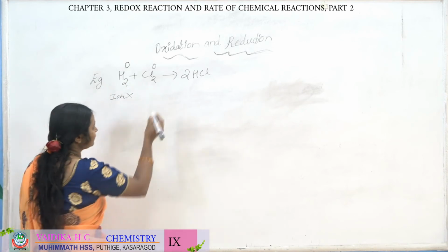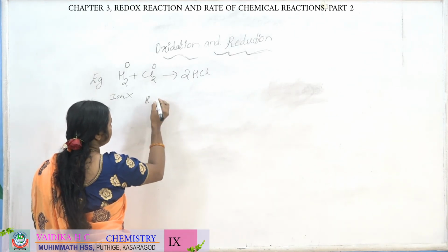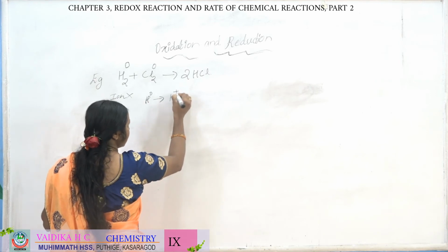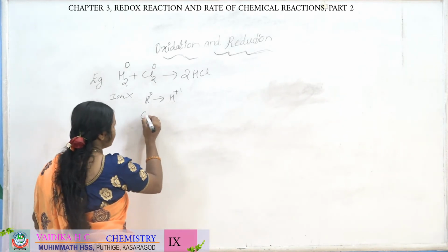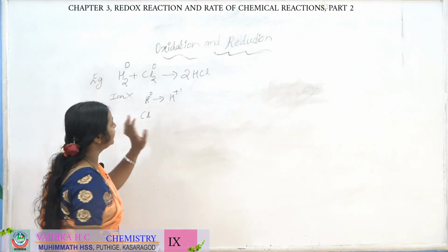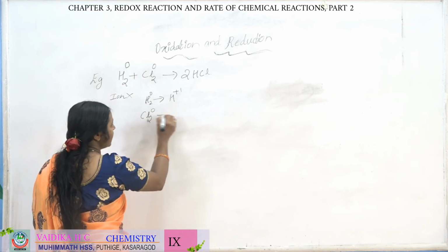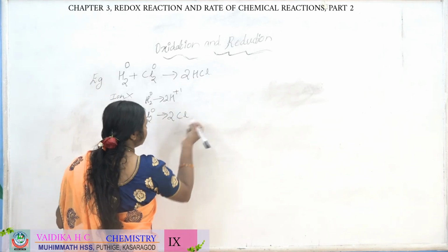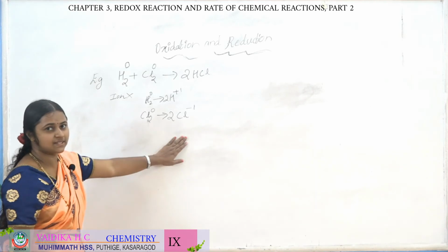So hydrogen has 0 state on the reactant side, but on the product side it will take the +1 charge, and chlorine will have 0 oxidation state on the reactant side, but on the product side chlorine will have -1 charge.